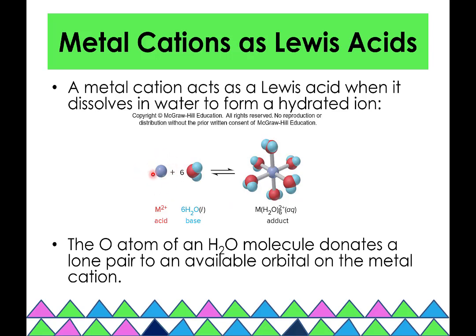Metal ions have empty orbitals that can accept electrons, say electrons from water. So a really common Lewis acid-base adduct that we see for metal ions is that they form these hydrated complexes. So this could be something like manganese 2+, and you have water that can donate electrons to form this adduct.